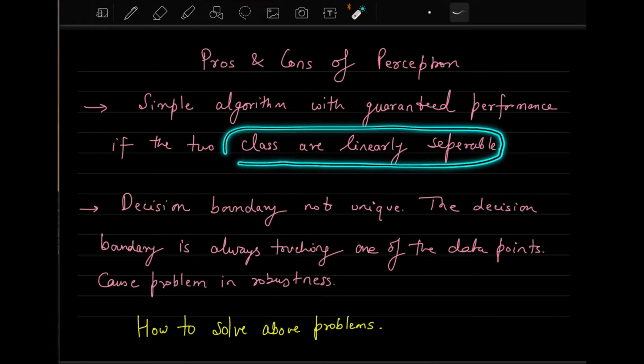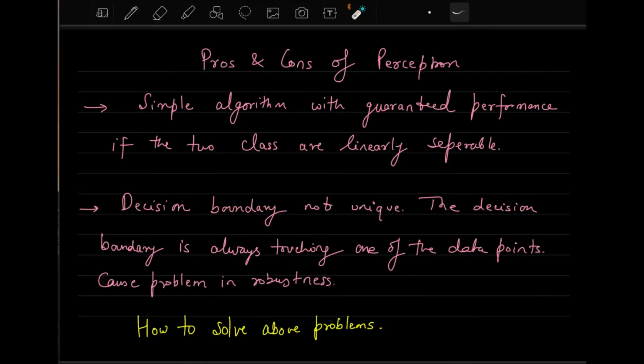If the classes are not linearly separable, the perceptron boundary will keep on oscillating between the two classes, and you will not get the result. Even if you apply a perceptron algorithm on a non-linearly separable data set, you will not get the ideal W and the bias B for that hyperplane. So it will always oscillate.